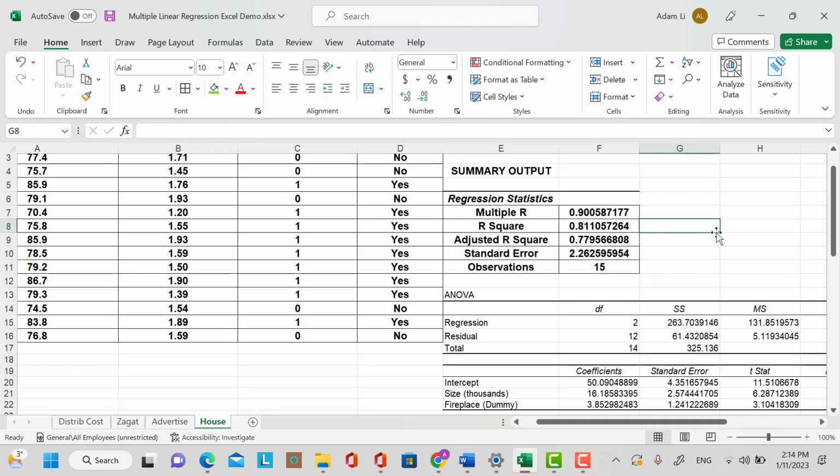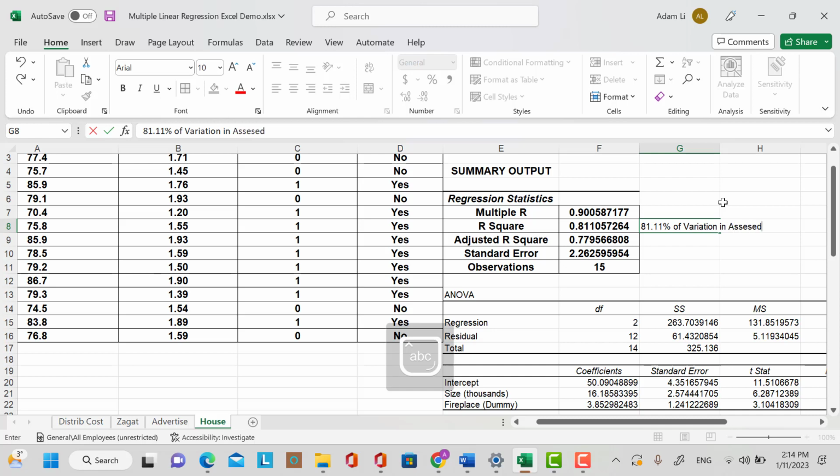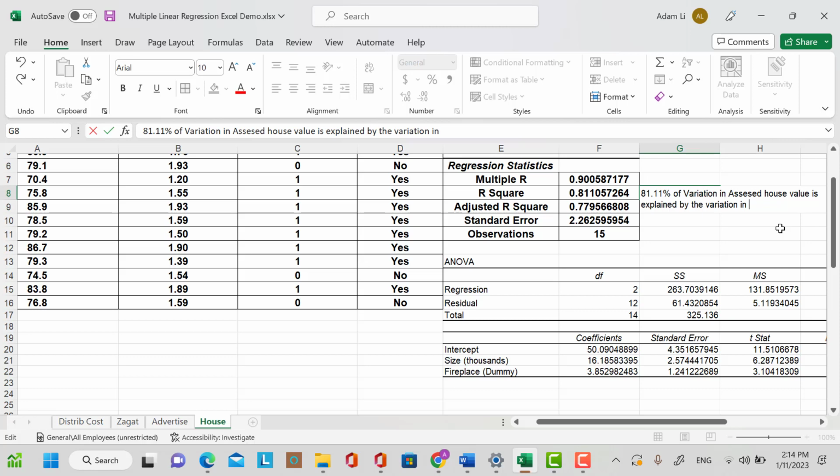If you look at R squared, that tells us 81.11% of the variation in assessed home value, house value, is explained by the variation in size of the house and also the fireplace.